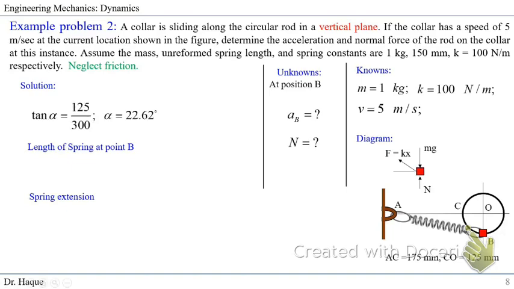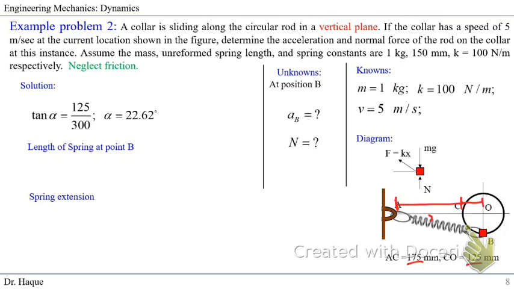First, to find the solution, we know the undeformed length of the spring, which is 150. But from the figure, we want to know what the angle is here. The figure says the distance from A to C is 175 millimeters, and from C to O is 125.